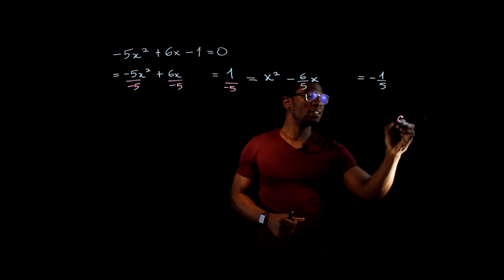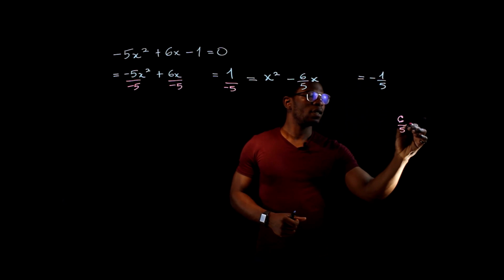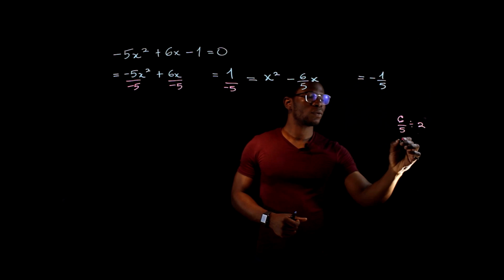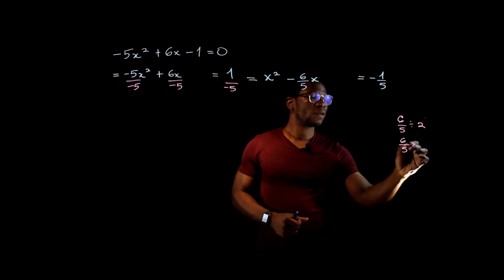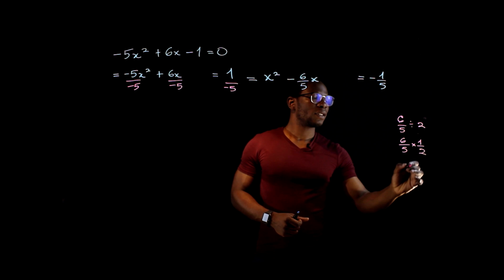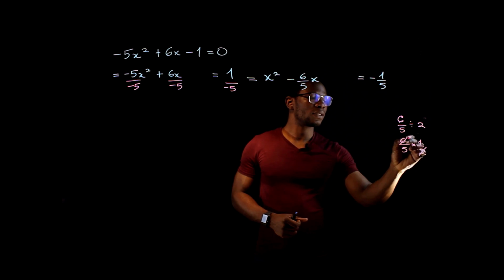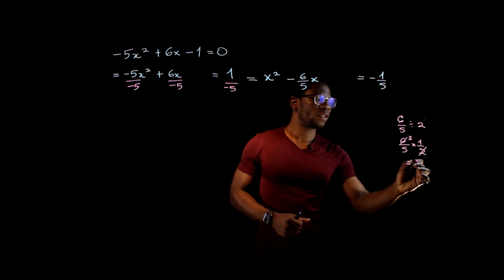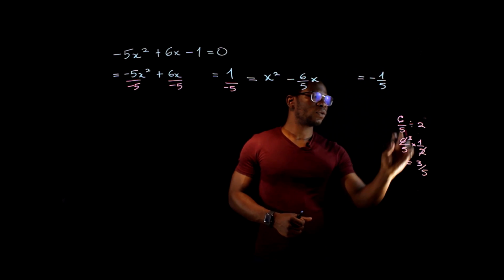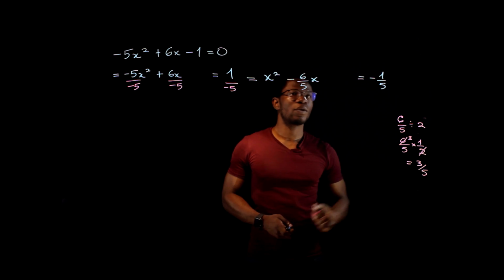So if we have 6 over 5 and divide that by 2, what we have is 6 over 5 multiplied by half. And 2 here cancels out 6 to have 3. So we're left with 3 over 5. So 6 over 5 divided by 2 is equal to 3 over 5.